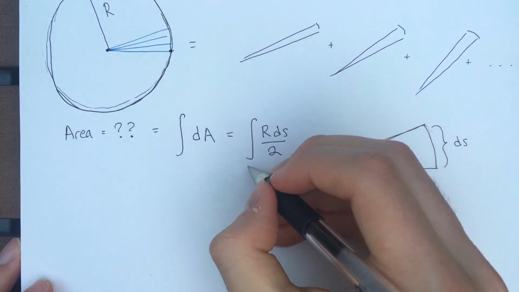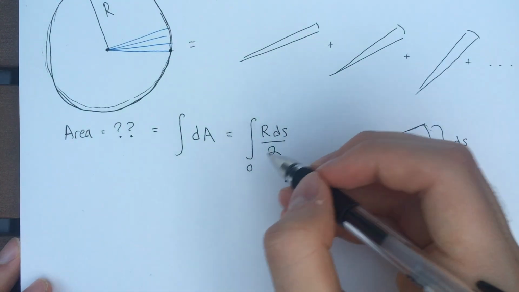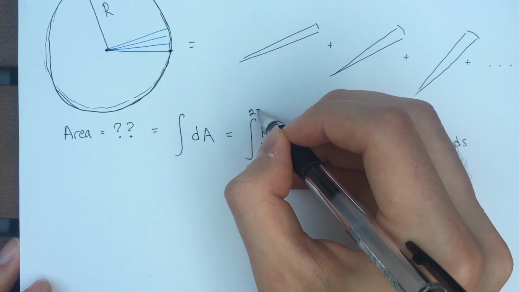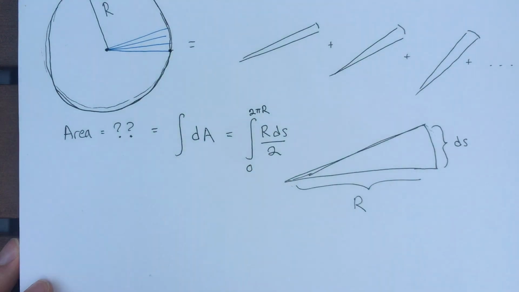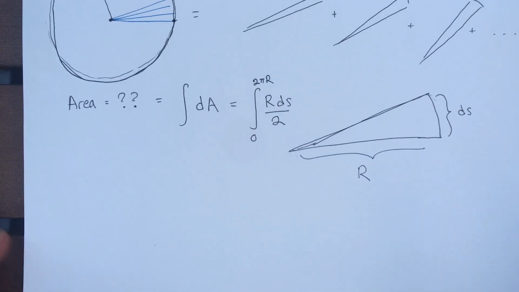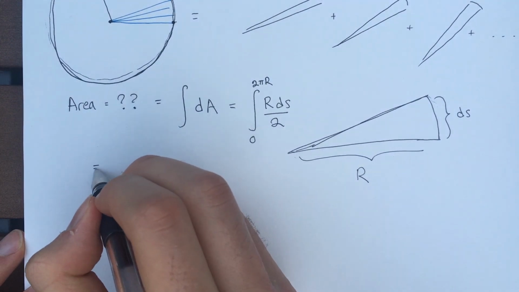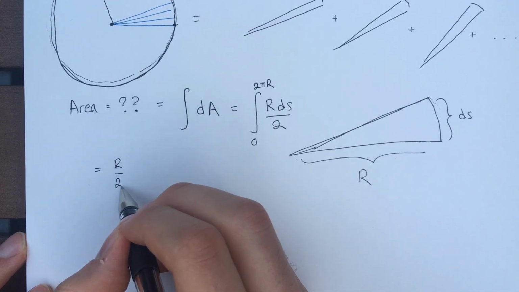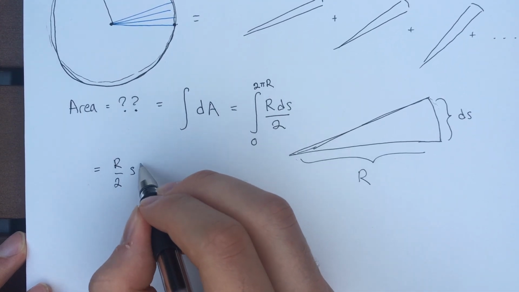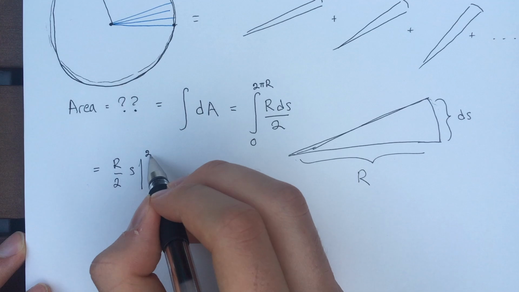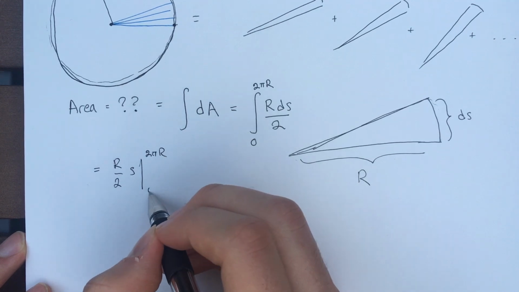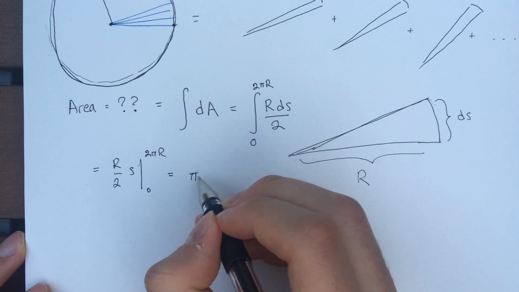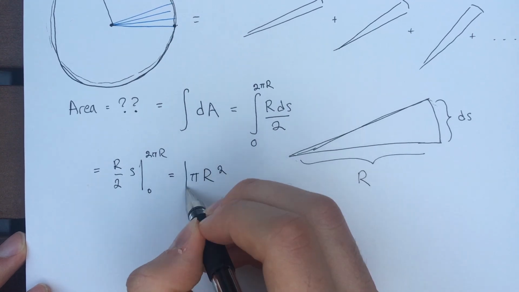So that means the bounds of our integral are going to be 0 to the circumference, which is just 2 pi r. So then what's this area? Well, the area is just the integral of this, which is r over 2 times s, evaluated at 2 pi r and 0, and that's just pi r squared.